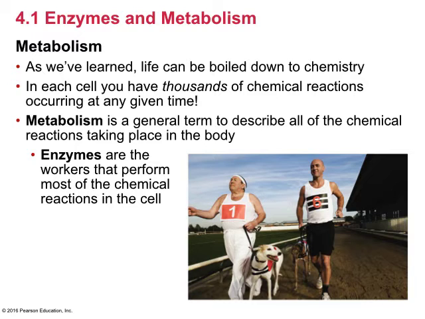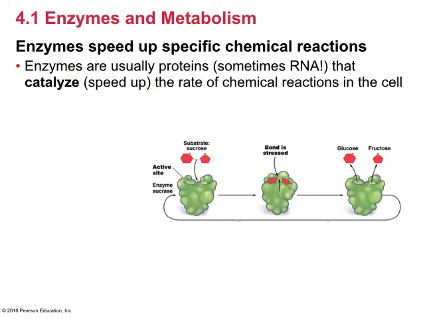So whenever you hear me speaking about a chemical reaction in the cell, there is a protein or an enzyme behind that. So what are enzymes? Enzymes are usually proteins that speed up the rate of chemical reactions in the cell. Enzymes can also be RNA.